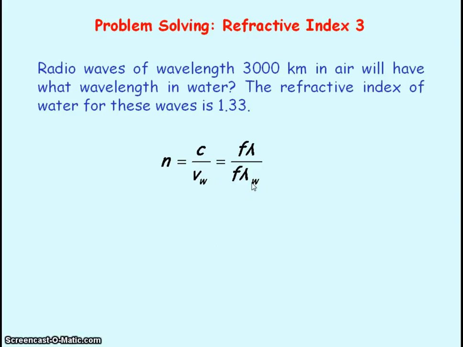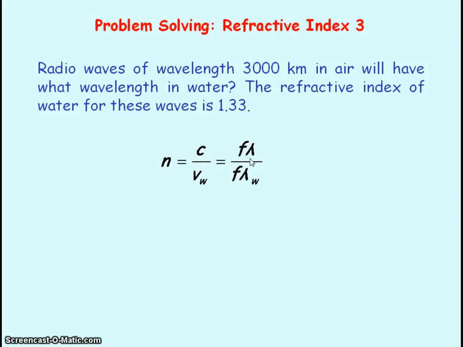And in refraction, the frequency of the waves remains the same, so f will cancel, so the refractive index will equal the wavelength of the radio waves in vacuum or air in this case divided by the wavelength in water.